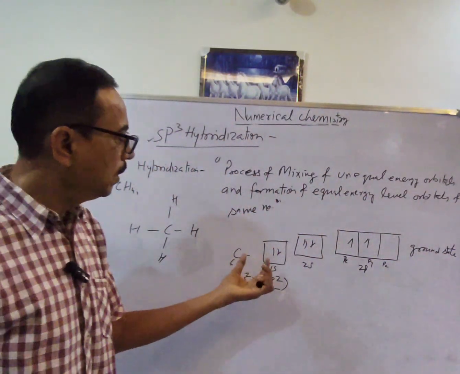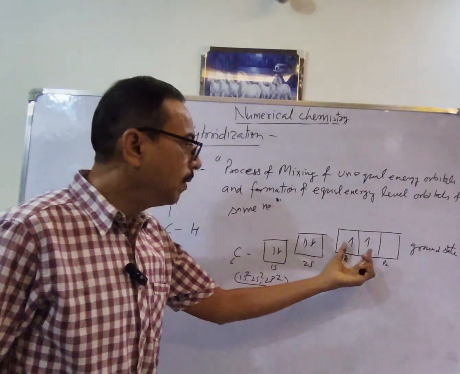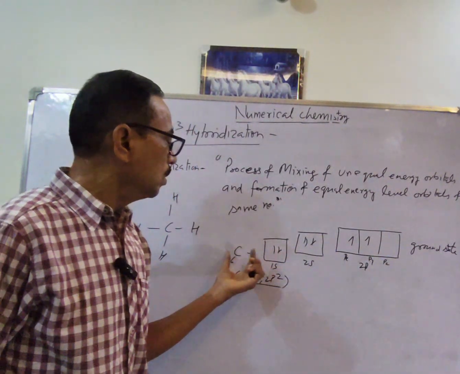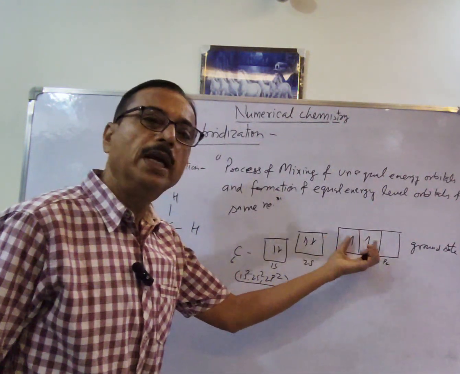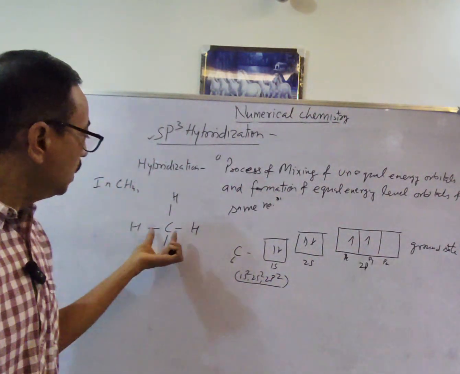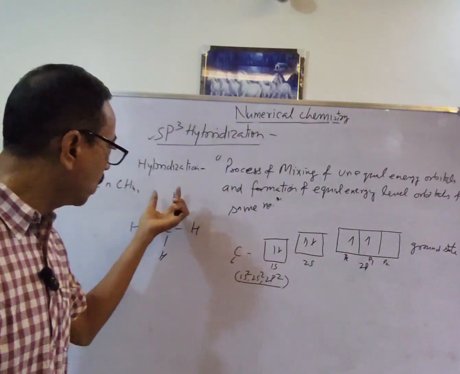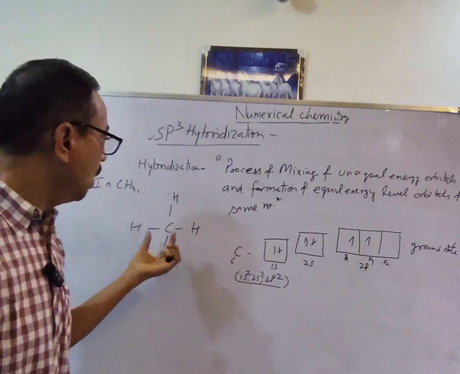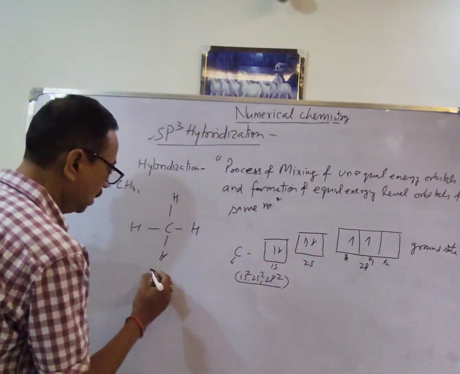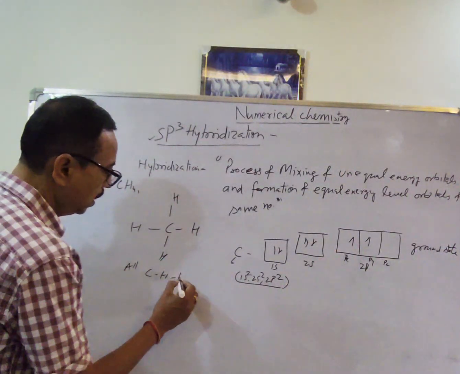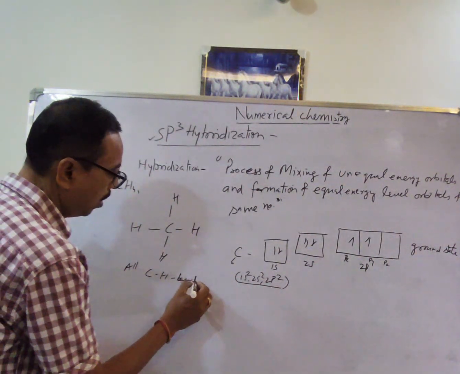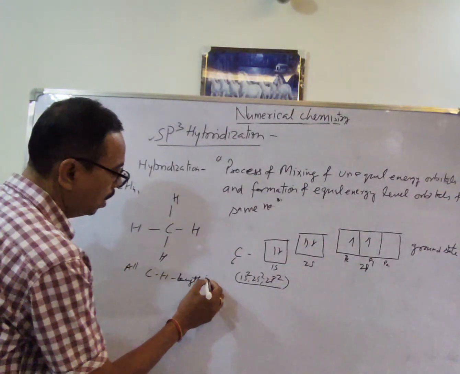Here there are 2 single electrons, so carbon will form 2 single covalent bonds. But in methane it is found that it has 4 CH bonds of equal length. All CH bond lengths are equal.